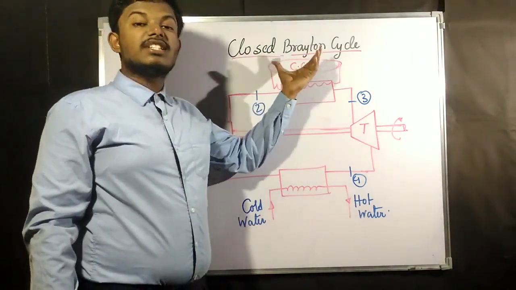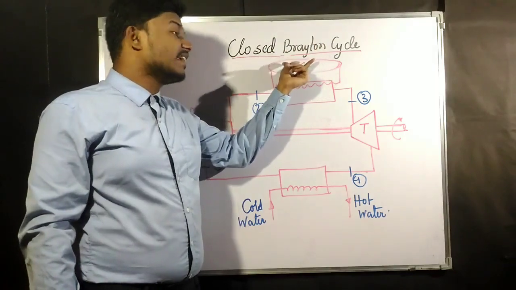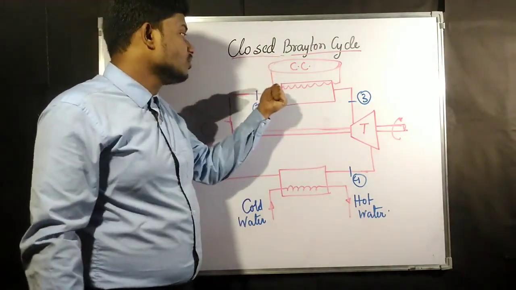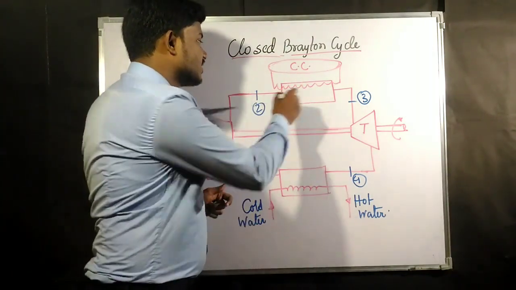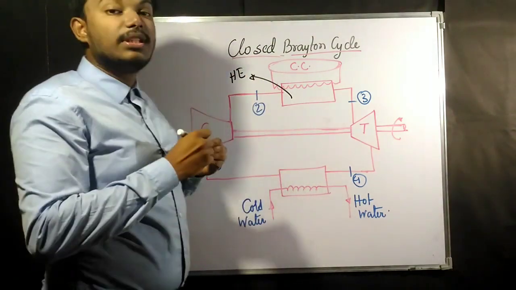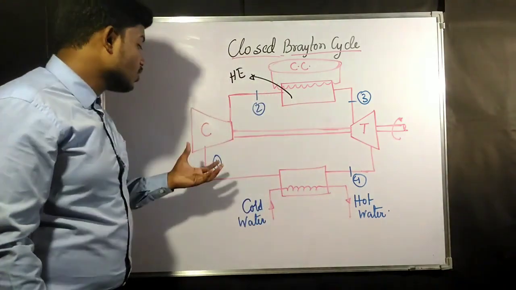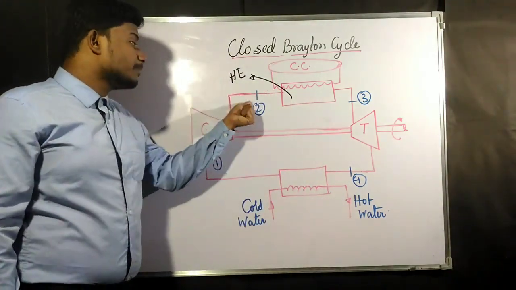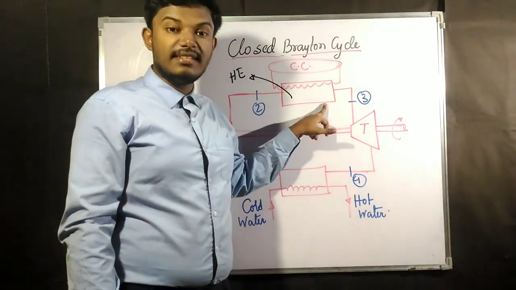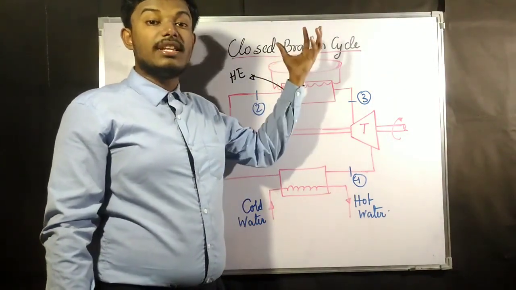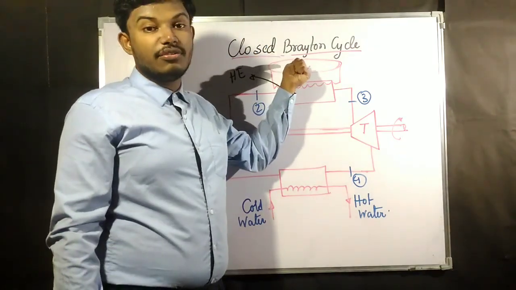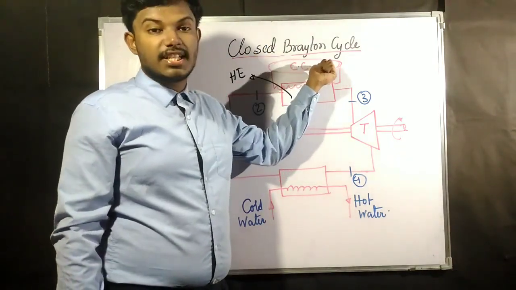If the combustion chamber is somewhere else, only the heat produced from the combustion chamber is going to heat the air with the help of a heat exchanger. Here this is one heat exchanger. The air that has been compressed up to point 2 will pass through this heat exchanger, and in it we give the heat we received from burning the fuel in the combustion chamber.